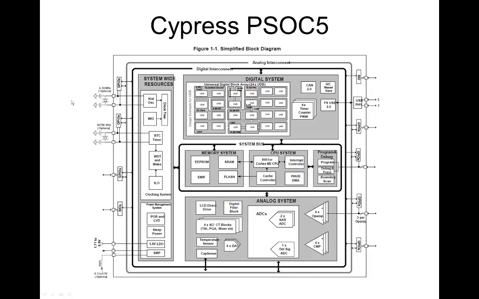Cypress PSoC 5, I have some experience with this. This is an interesting system. In here you can have either an 8051 or an ARM Cortex-M3 CPU. It runs like 60, maybe 70 megahertz-ish. And then memory and stuff like that. We have some built-in I/Os, like general purpose I/Os, for instance, serial I/O, USB.